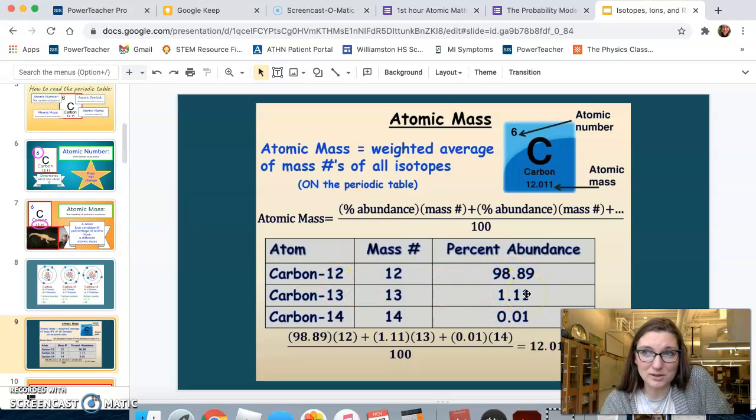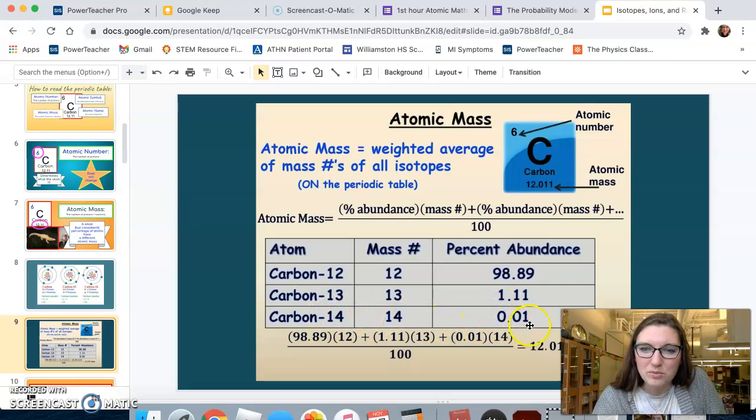That's like 1 in 100. If we were a school of carbon, about 20 or 30 kids in our school would be carbon-13, and then maybe 1 kid in our school would be carbon-14. That's just thinking about proportionality and percentages.